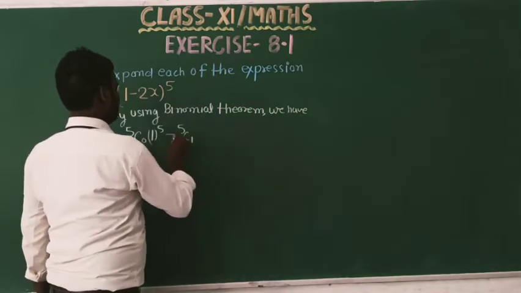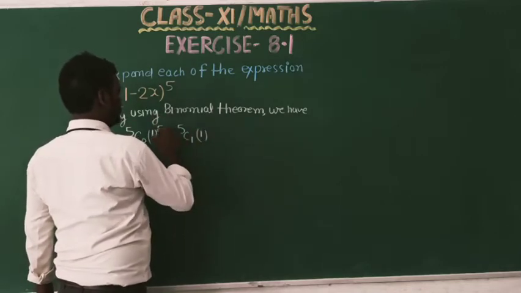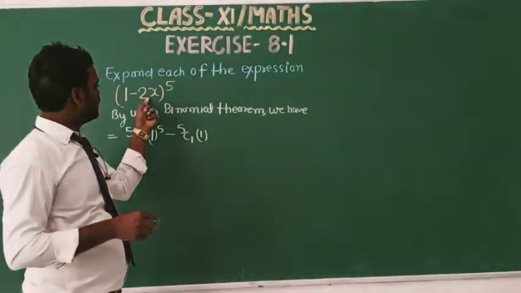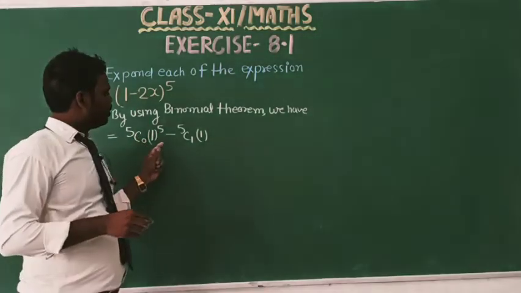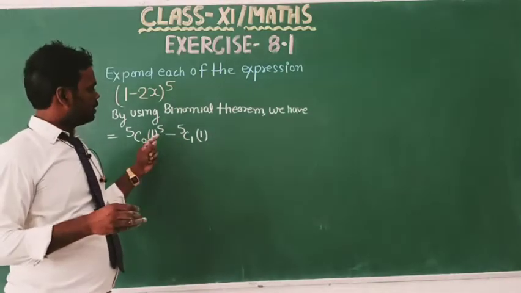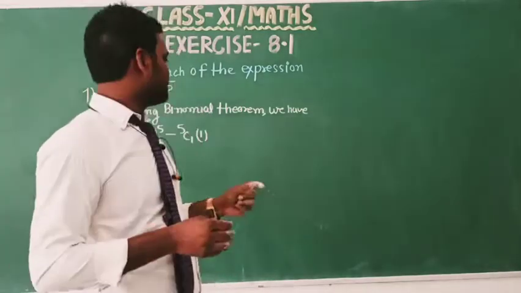And minus 5C1, first term is 1. Okay, the power of the first quantity goes on decreasing and the power of the second quantity goes on increasing by 1, in successive terms.